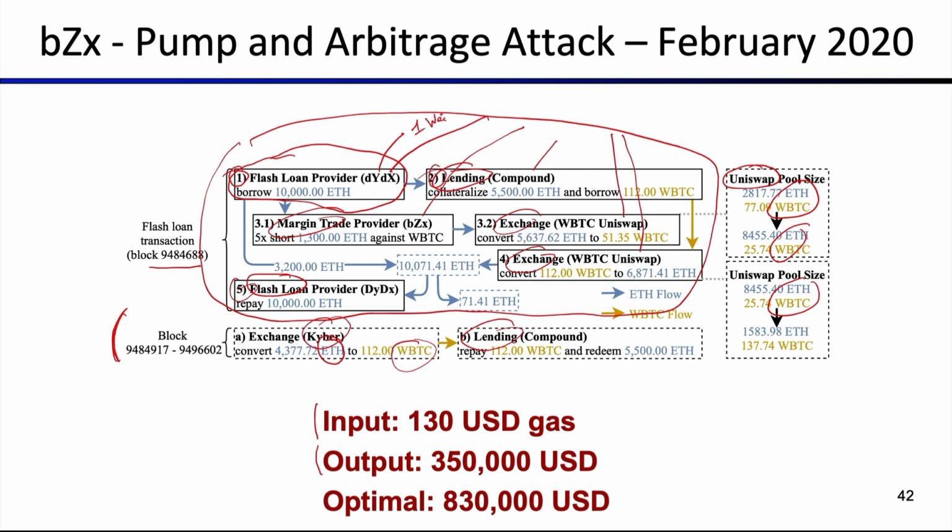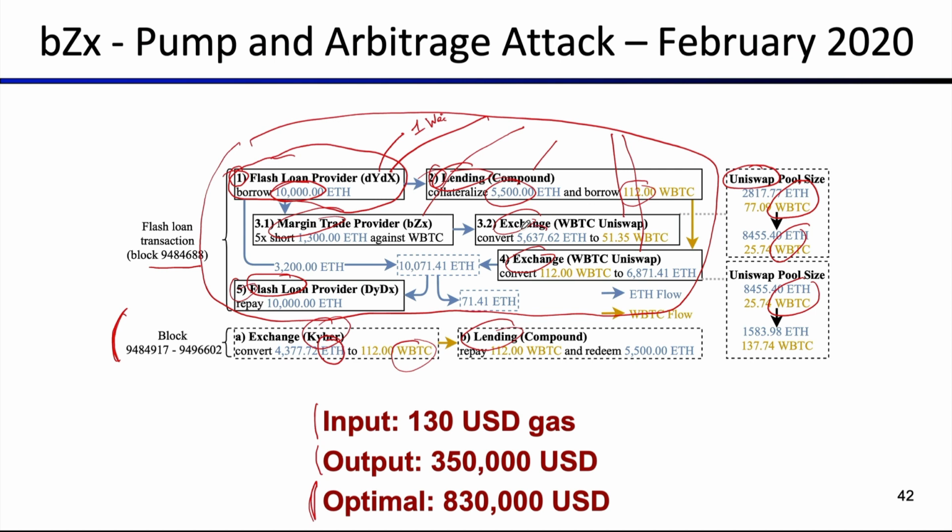We looked at this attack in detail, and we found that the adversary could have chosen better parameters to carry out the attack. By parameters, I mean, for example, here, 10,000 Ether. Could we have taken more and made more money? We don't know, right? There are a few parameters that could have changed. For example, how much do we collateralize?